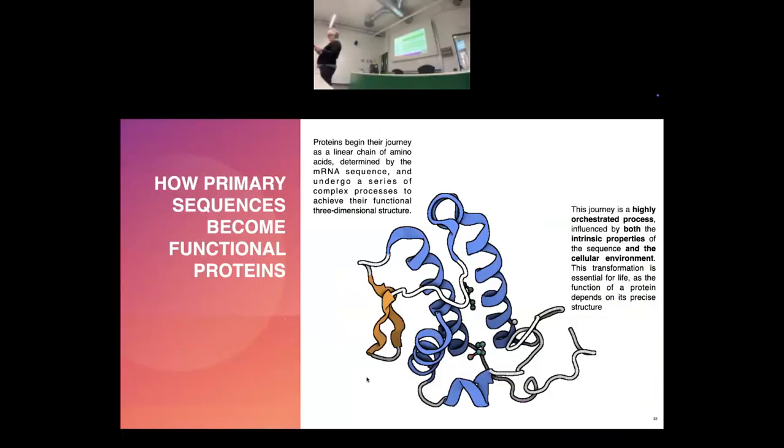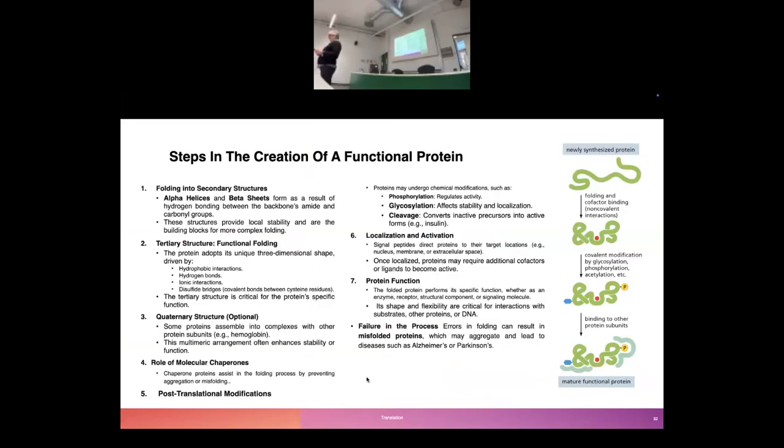Make connection. How do primary proteins become functional? It is a matter of folding, as in the example we made, what I explained to you. And this is due to all those post-translational modifications.